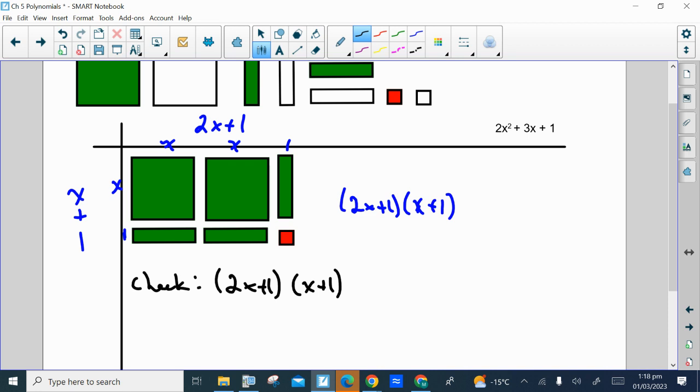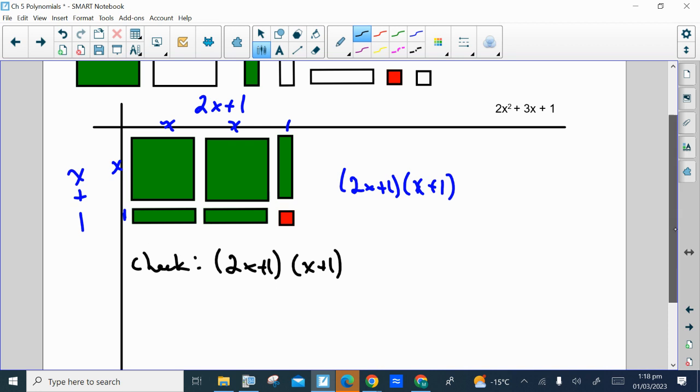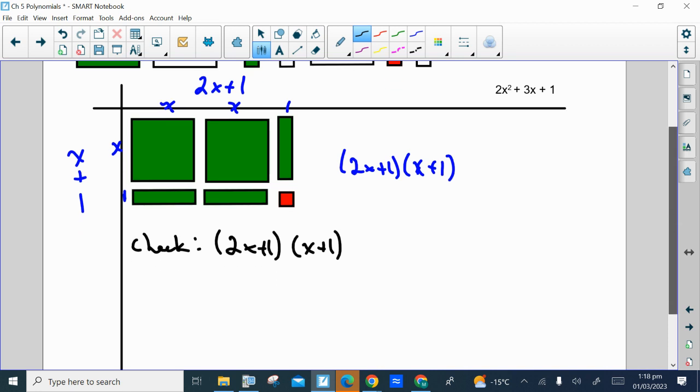Emery, what will that look like? What would our next step look like? Remember? Olivia, can you help her? How do we multiply those out? What would we write down next?